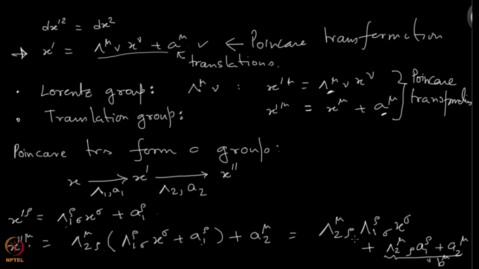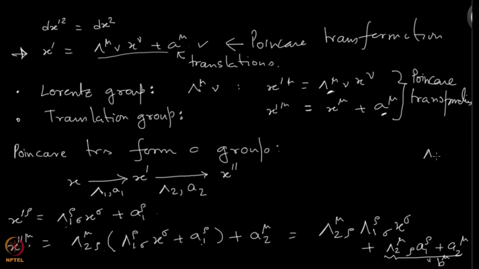Now let's look at this part. This part has two lambdas, unlike a single lambda here, but that's not an issue because we know that Lorentz transformations form a group, meaning one lambda followed by another, the multiplication of two lambdas, is again another lambda because it's a group, right?